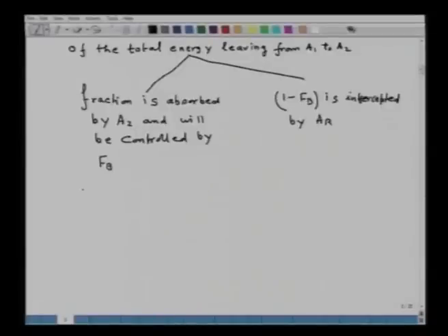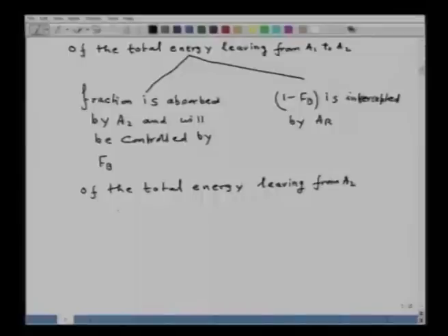So, after a while A2 will also begin to radiate the energy, and again in the same way we can write, say, of the total energy leaving from A2, again a fraction will be absorbed by A1 and the rest will be intercepted by refractory surface AR.